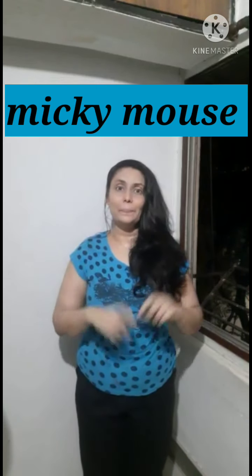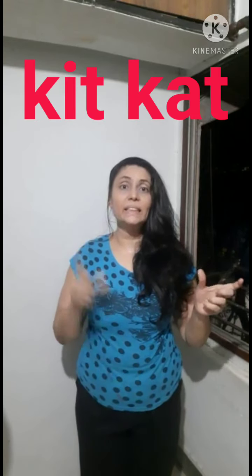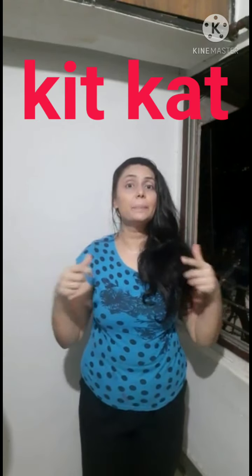Mickey Mouse. What is repeated? M. Repeated. Right? So these are the examples of alliteration. Kit Kat is also there. Kit Kat. K. Repeated. First alphabet is repeated, that is alliteration.